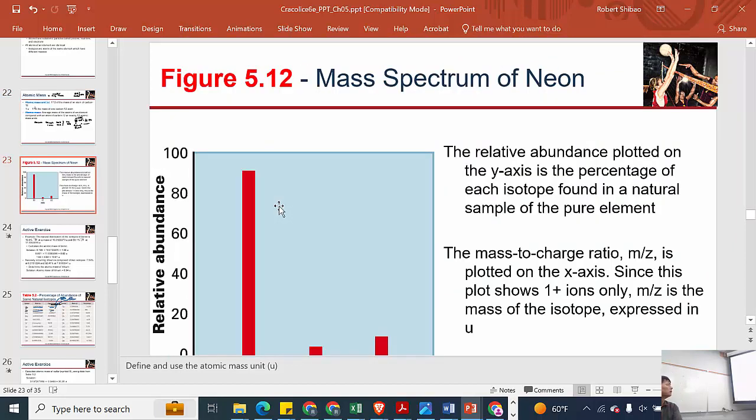Let me talk about the mass spectrometer here. The mass spectrometer measures the number of isotopes and their mass. But we also get one more thing, and that is what we call the percent natural abundance.